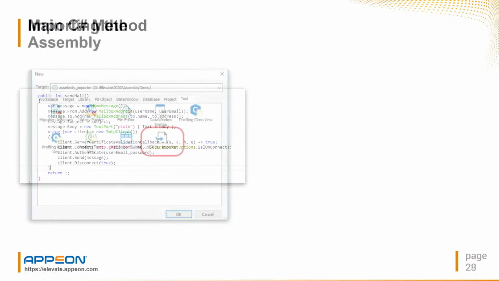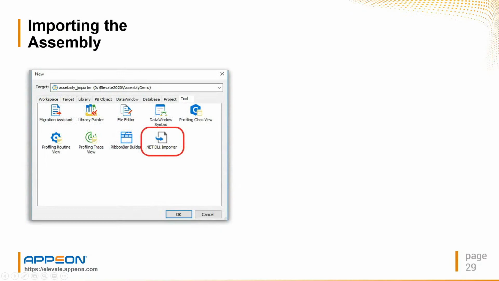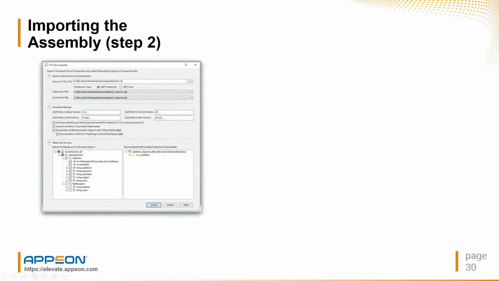So I'm going to run the .NET importer. Now, this is that whole dialog, and one thing I'll warn you about, it drives me a little bit nuts: if your workspace only has one target in it, this isn't an issue. But when I was putting these demos together, I've got like 20 targets in my workspace. And whenever I fire off this .NET importer, it doesn't matter what the currently active target is.